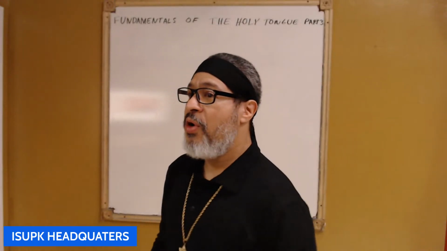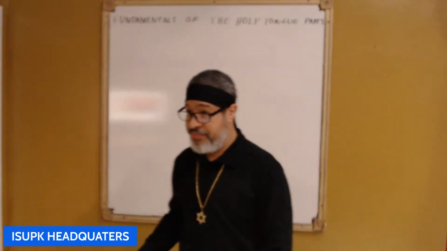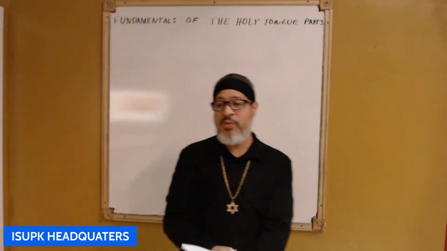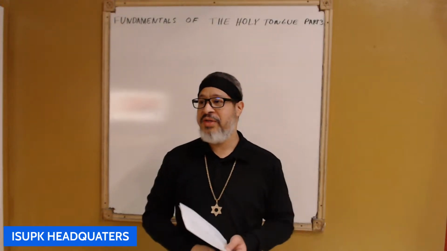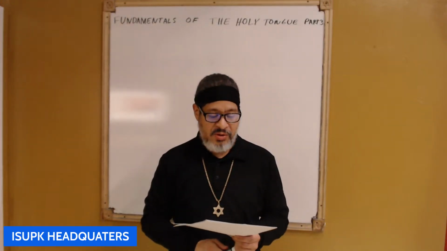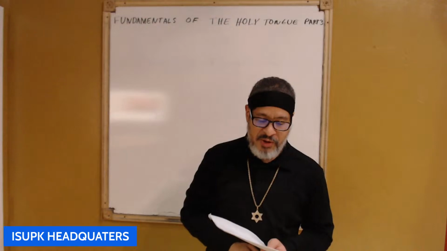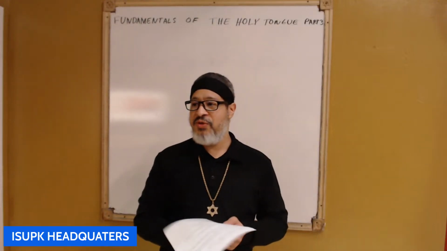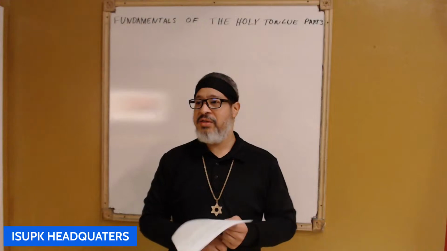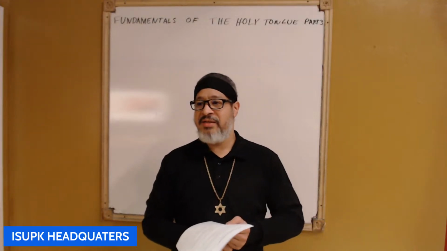Today is the third part of the series, the fundamentals of the Holy Tongue. This is part 3. Each week we've been progressing from what we learned the previous week, going from learning the Hebrew characters all the way up to reading words and now sentences.